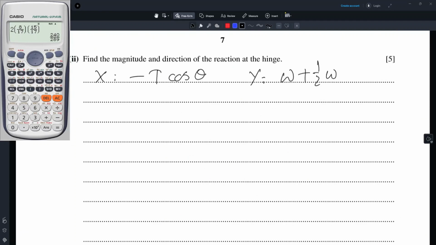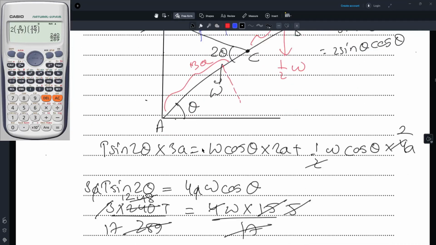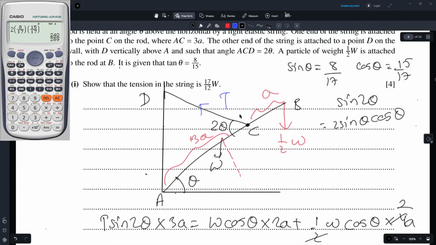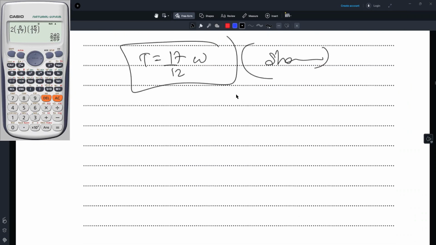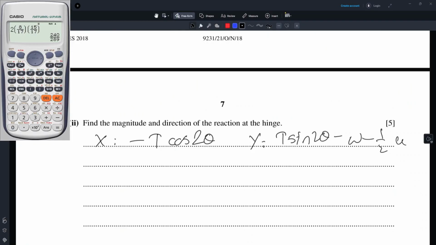W plus half W, which is, if I consider downward to be positive. Okay, let's just consider upward to be positive first, which is supposed to be T sine 2 theta minus W minus half W. Now I just need to solve for these two.